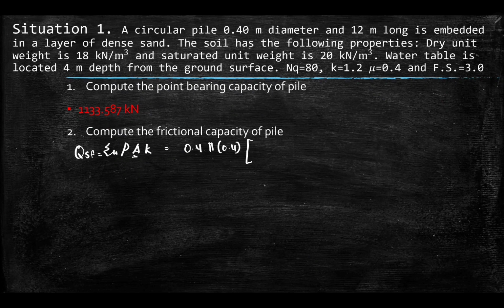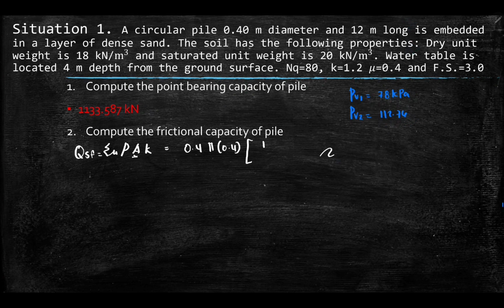So, A is the area under the pressure diagram. For the first, let me write the vertical stress in our layers earlier. So, PV1 is 78 kilopascal. You can go back to see the process of how PV1 and PV2 were obtained. Okay? 112.76 in soil layer 2.